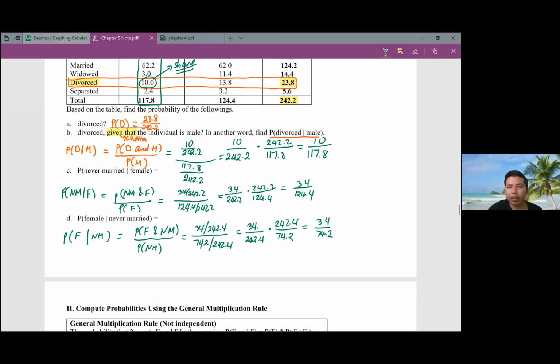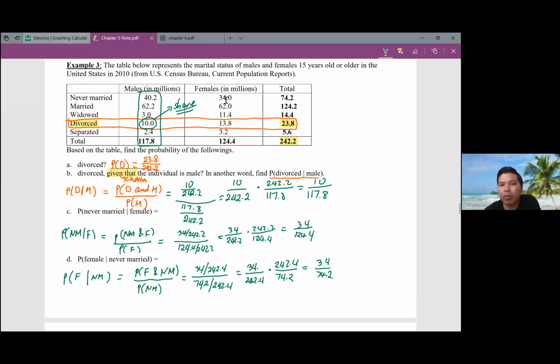All right, please check the answer. Did you get the same? Thumbs up real quick. Thank you, Grace. I'm confused by the second one, D. Yeah, so for D, the condition is never marriage. Because female and never marriage share the same cell anyway, so 34.